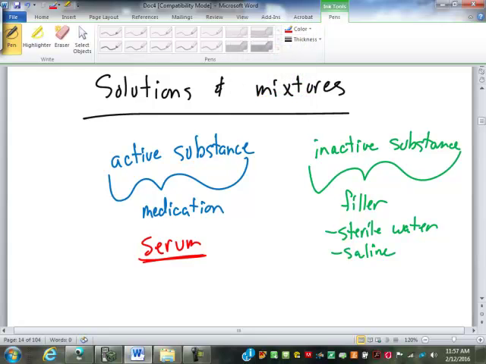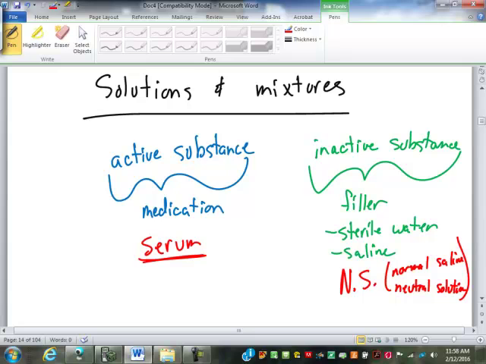The generic term we're going to use in here, it can be some other inert powder as well if it's in a pill form. Most of your pills are not solid medication. They have some sort of a filler in them. For this class, we're going to assume we're dealing with liquids. So we're going to use NS, which stands for normal saline, or also stands for neutral solution.